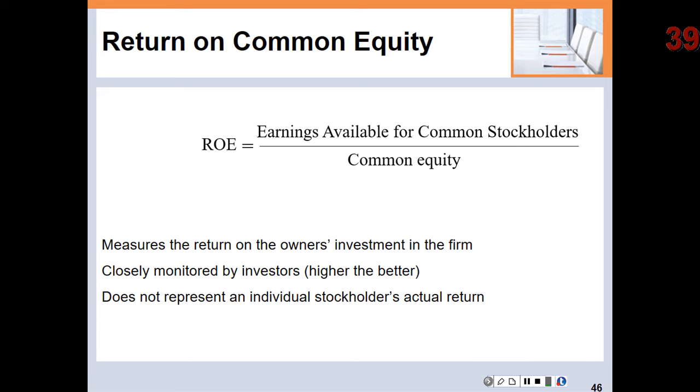So for this ratio, ROE, earnings available to common stockholders, which we just looked at, which we said was 221, divided by common stockholders' equity.